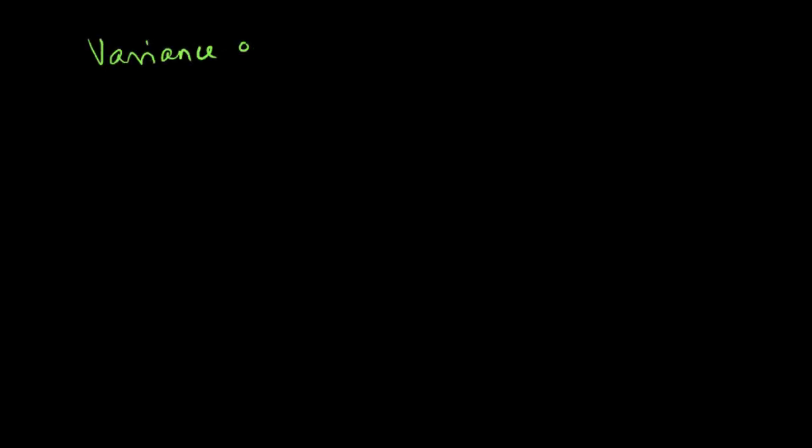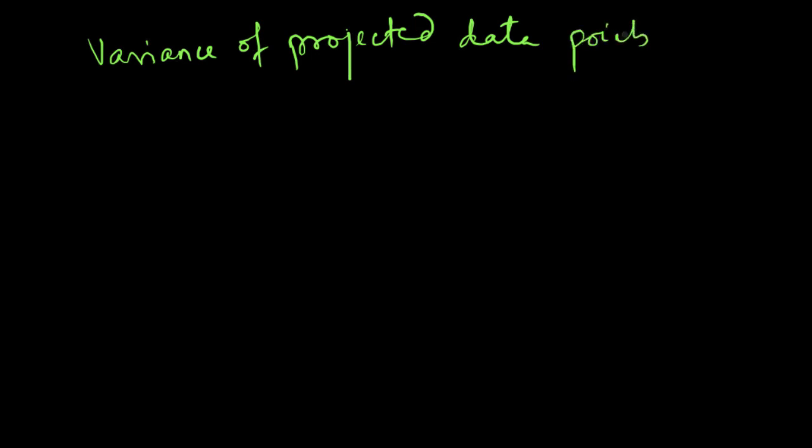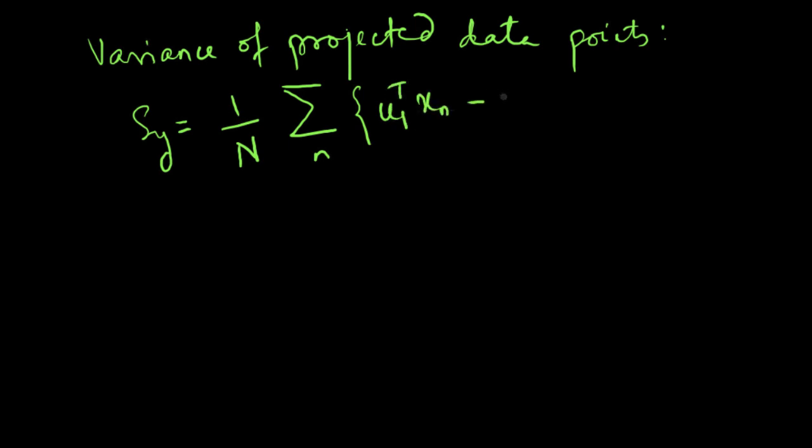So the variance of the projected data points is given as Sy equal to 1 by capital N summation over all n of u1 transpose xn minus u1 transpose x bar, whole square. This is just the standard formula for the variance of a scalar, and there is nothing different that we are doing. Now this square quantity can be written using matrix notation.